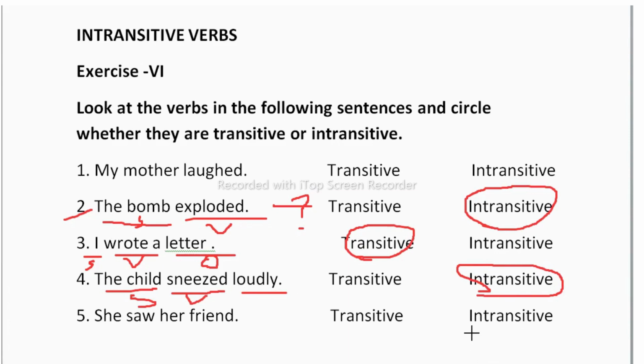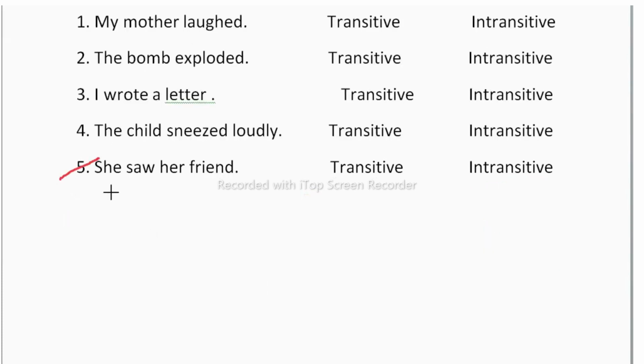This type of sentence is called a verb of incomplete predication, where the sentence ends with some other words rather than a noun or pronoun. So these also come under intransitive sentences. It is not a transitive sentence. Now the last one, the fifth, is "she saw her friend". Which one is it, transitive or intransitive?